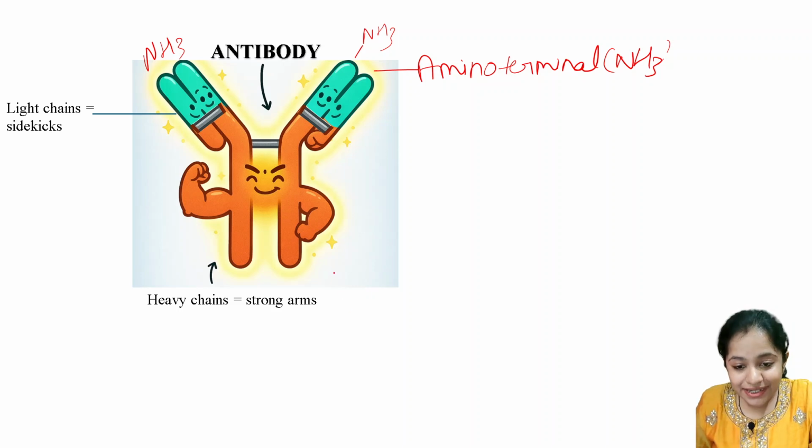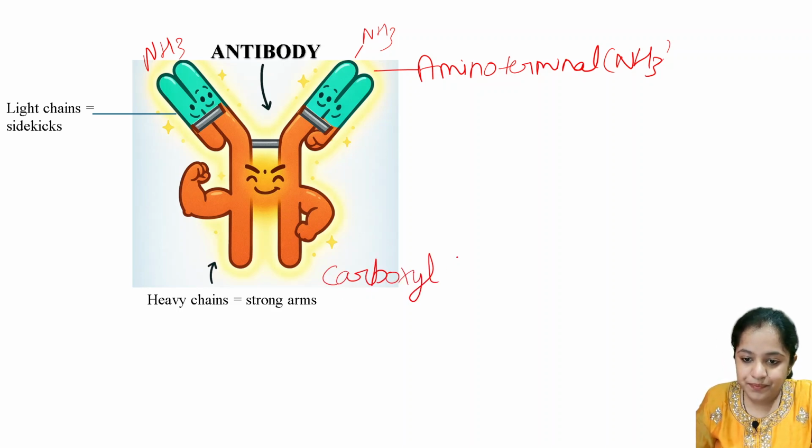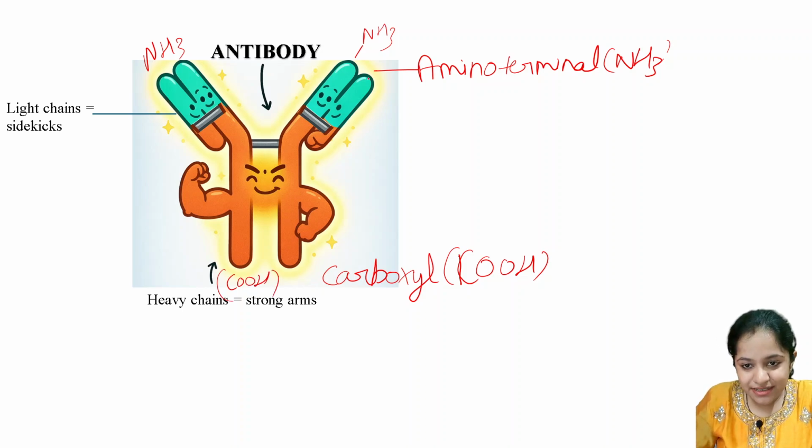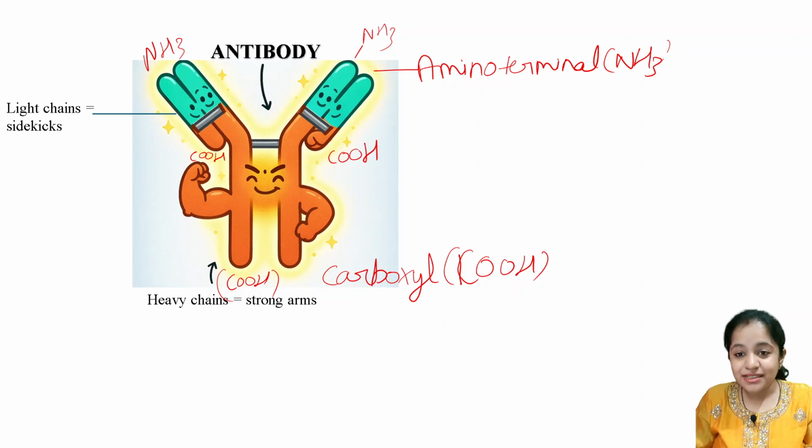And the lower end is called carboxyl terminal, okay. That is COOH. Now for the light chain, this is the upper end and this is the lower end. So this will be COOH and this will also be COOH. Understood? Upper is the amino terminal and lower is the carboxyl terminal.